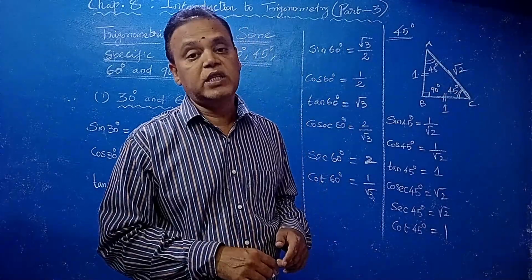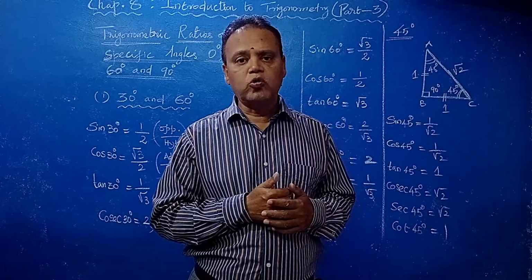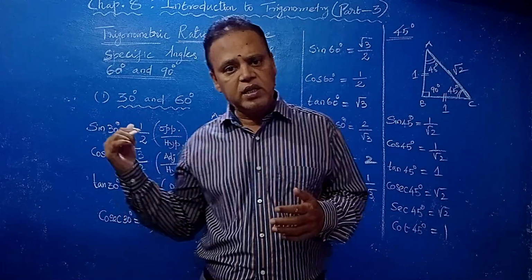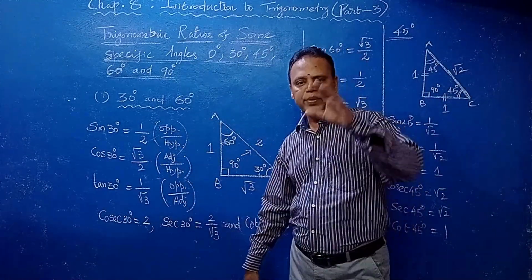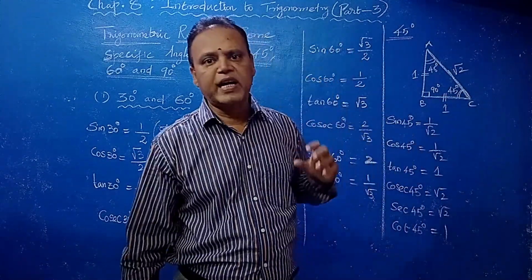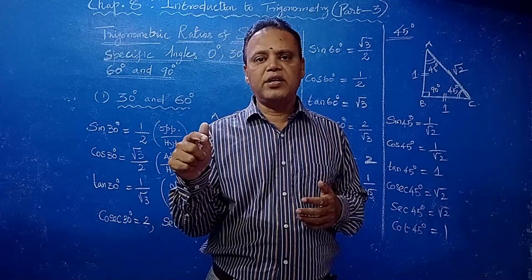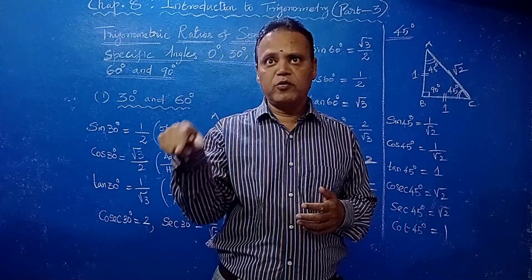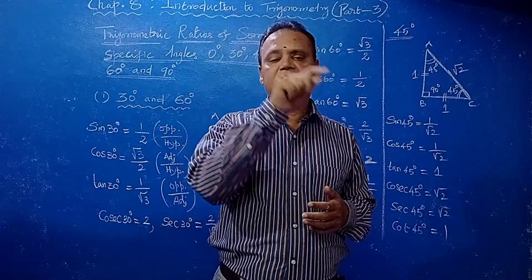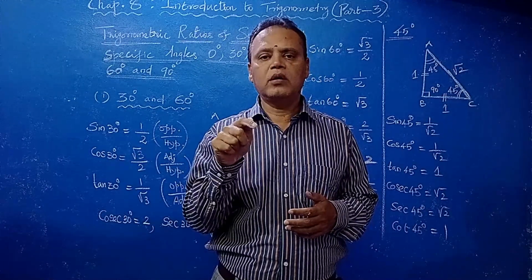Before that, we will see how to write the values from 0 degree until 90 degree. This is an easy way, because you just remember the diagram. Just bring the diagram in front of your eyes. Then easily you can tell sin 30 is 1 by 2. With 30 there and 60 there, the ratio is 1 to root 3 to 2.